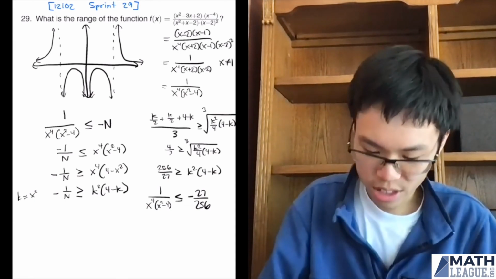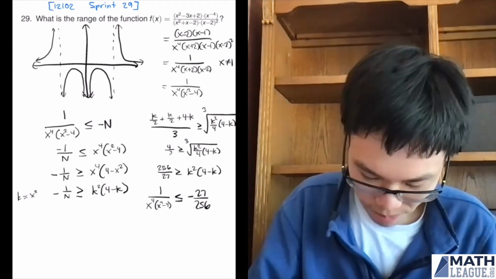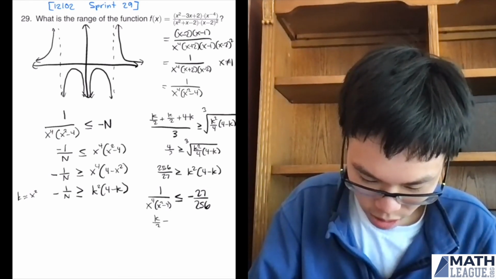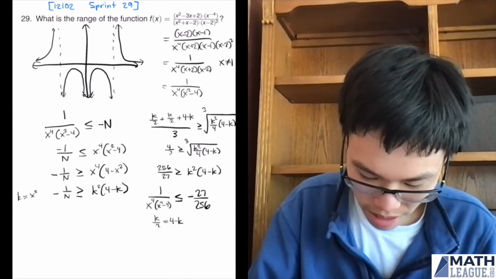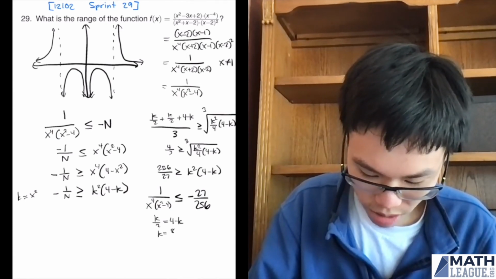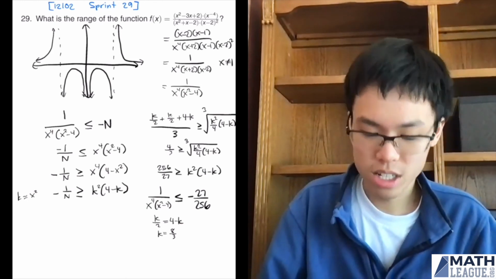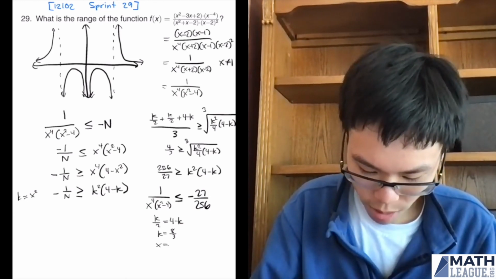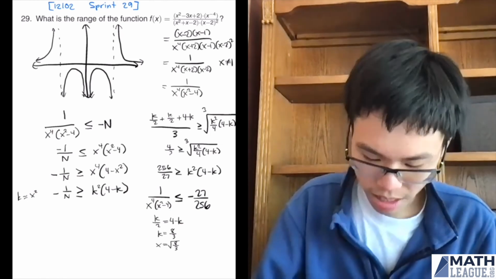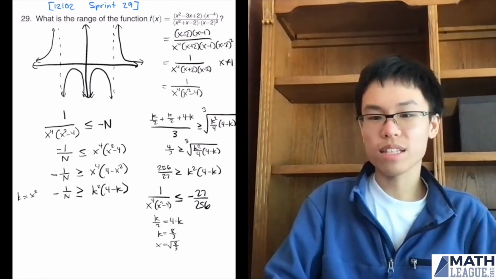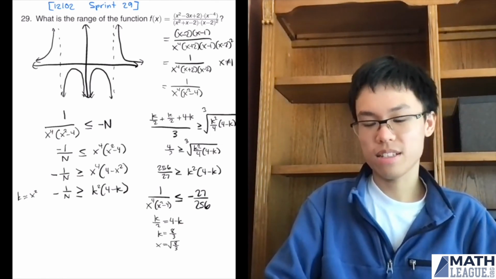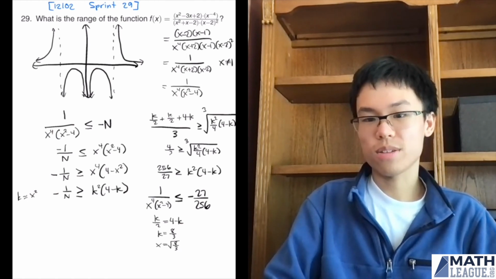In fact, I can even show you that, since k over 2 equals 4 minus k, k equals 8 over 3. And since k equals x squared, we get x equals the square root of that, which is going to be less than 2, since 8 over 3 is less than 4.